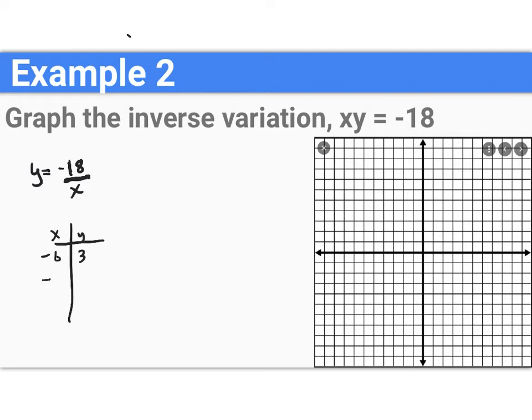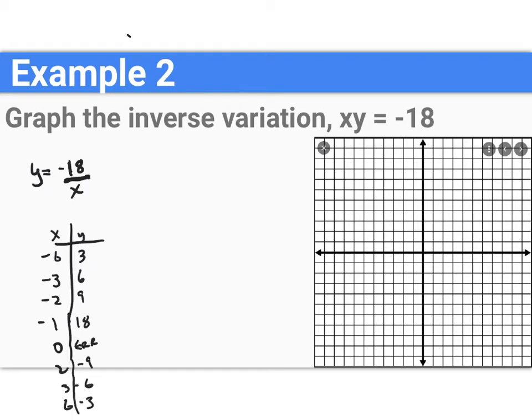At negative 3, we're at 6. Negative 2, we're at 9. Negative 1, we're at 18. At 0, it's an error, which means you can't divide by 0. 2 is at negative 9. 3 is at negative 6. And then 6 is at negative 3.